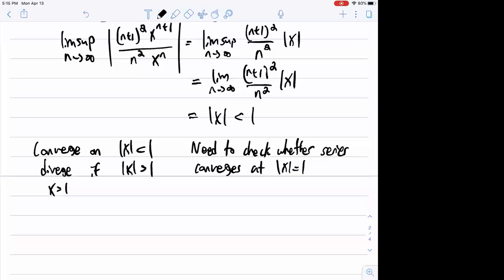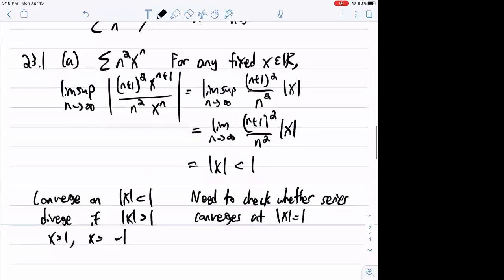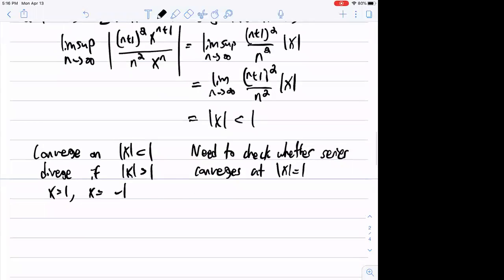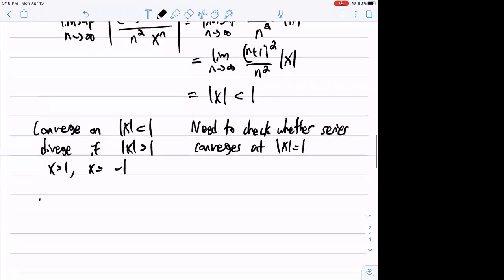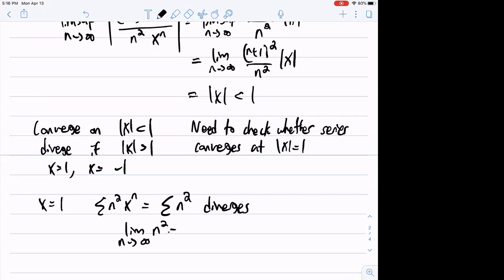That's x equals 1 and x equals -1. So let's plug it in. The sum of n squared x to the n, for x equals 1, is just the sum of n squared. And this diverges, by what I just told you: the limit as n goes to infinity of n squared is not 0.